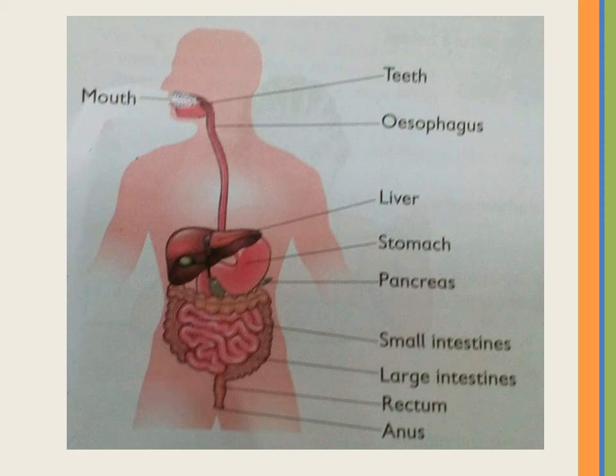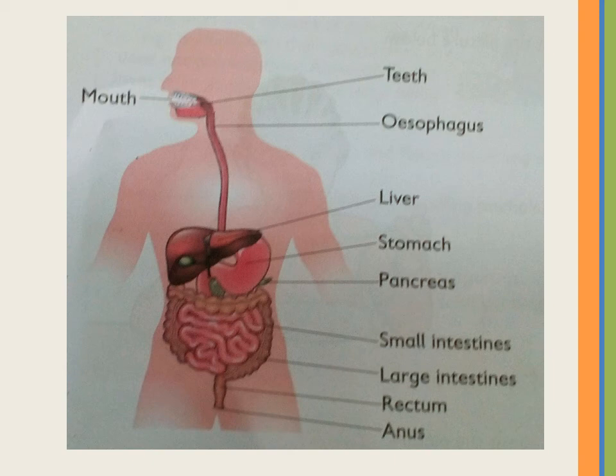Functions of the large intestine. Another name, pupils, for the large intestine is the colon. Food that is not digested and not absorbed in the small intestine enters the large intestine. The large intestine is long and wide.